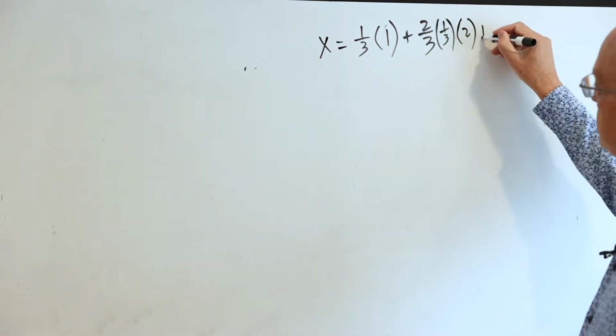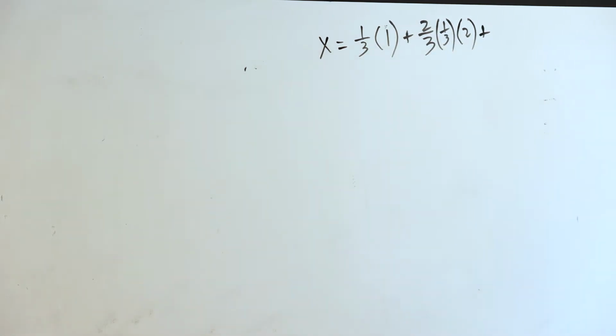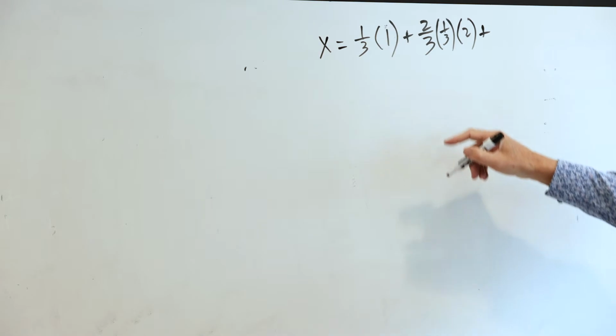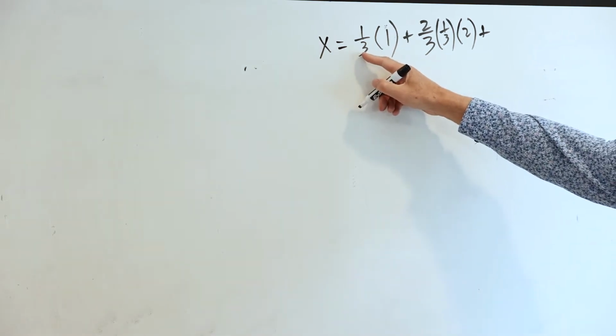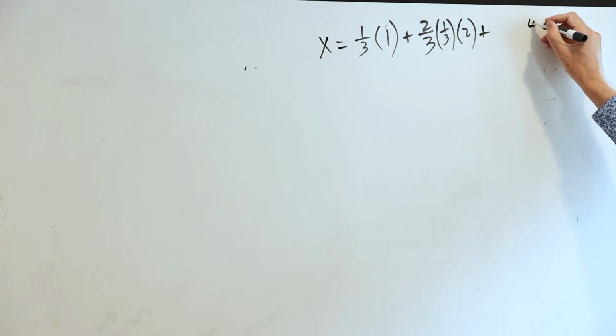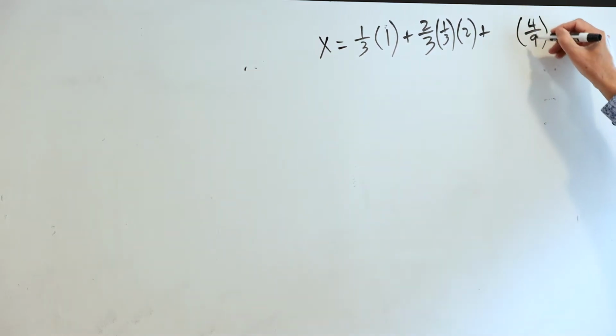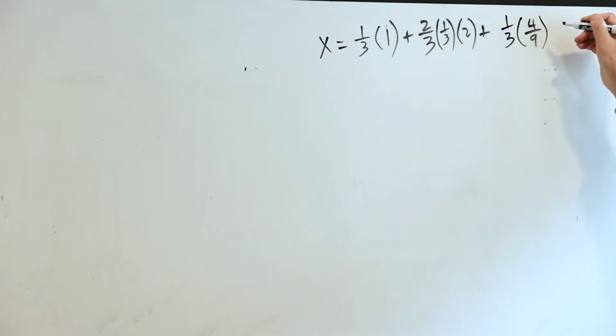And then so far this turns out to be 2/9 plus 5/9, so there's still 4/9 of a chance that you didn't get your 1 or 2 on your first or your second roll.